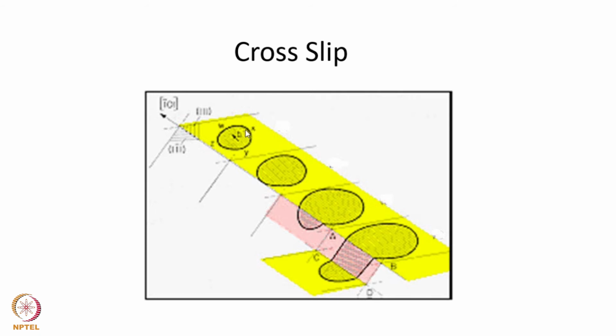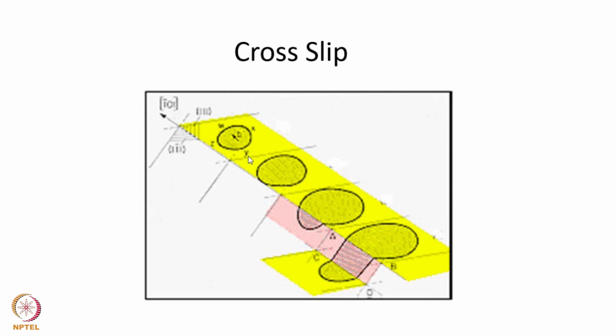So this side, the X and Z sides that you see, that is parallel to the Burgers vector, so that is screw in nature, and the other side, this W and Y, these two sides are edge in character, right? So if you have intersecting slip planes like this, the dislocation can move from one slip plane to the other slip plane, as long as these two planes contain a common slip direction, right?